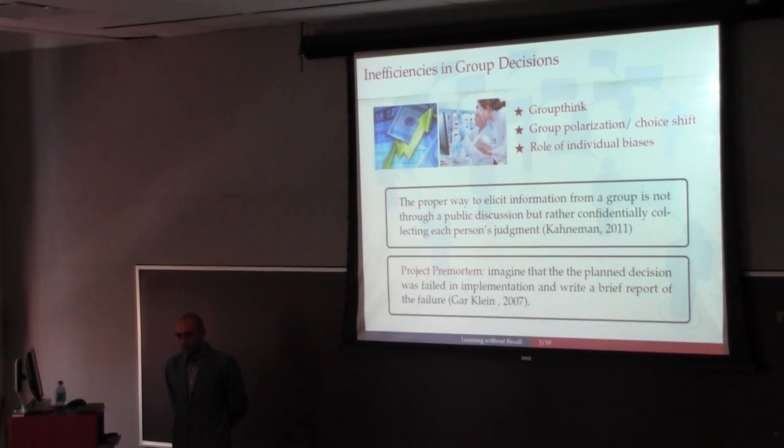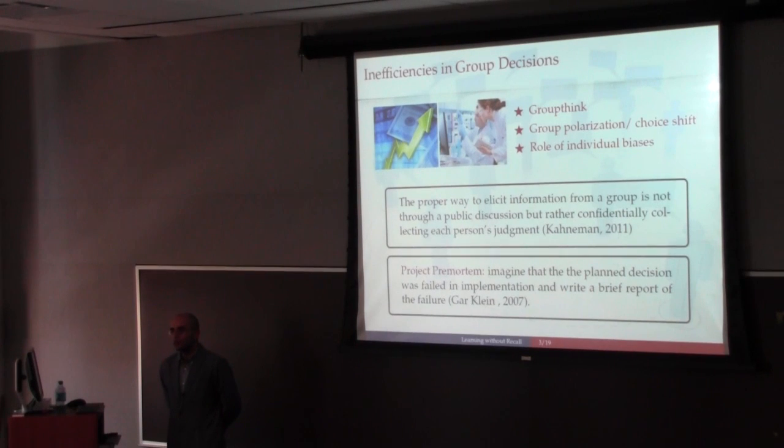It refers to the fact that once a group appears to be in consensus on some policy, then contradicting that policy may become quite difficult, may be interpreted as disloyalty. Basically, the desire to reach a consensus or harmony in the group would sometimes lead to the group ending up with what is not optimal for everybody.